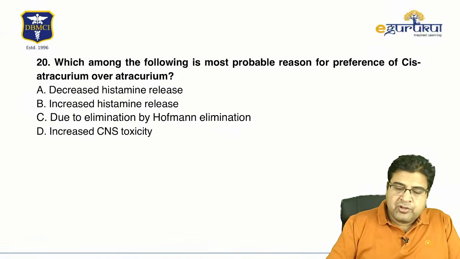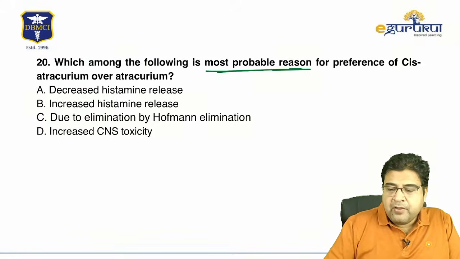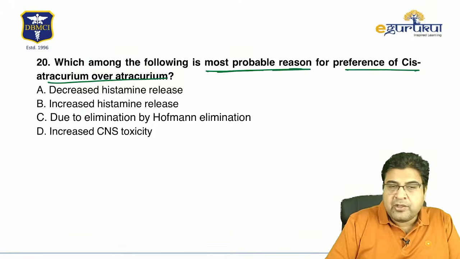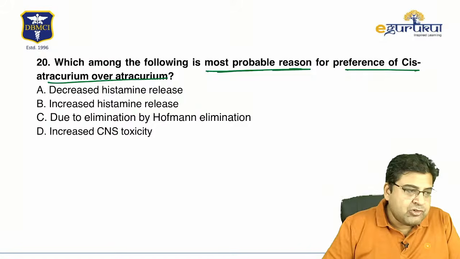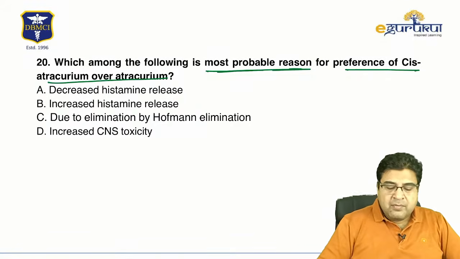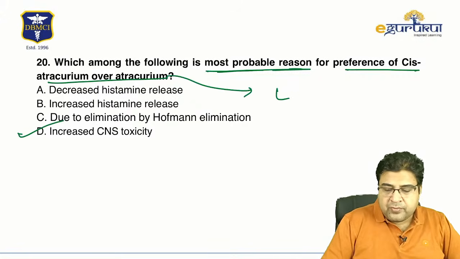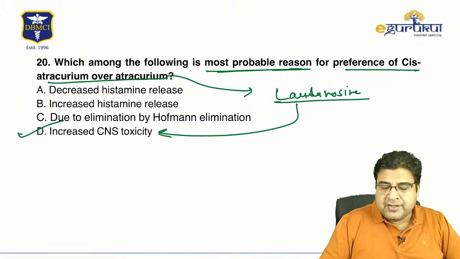Now moving on to question number 20. What is the most probable reason for preference of cis atracurium over atracurium? It's again a question of anesthesia, which will be discussed by your anesthesia faculty in detail. Basically, atracurium forms a metabolite, laudanosine, and laudanosine can cause CNS toxicity as a side effect.